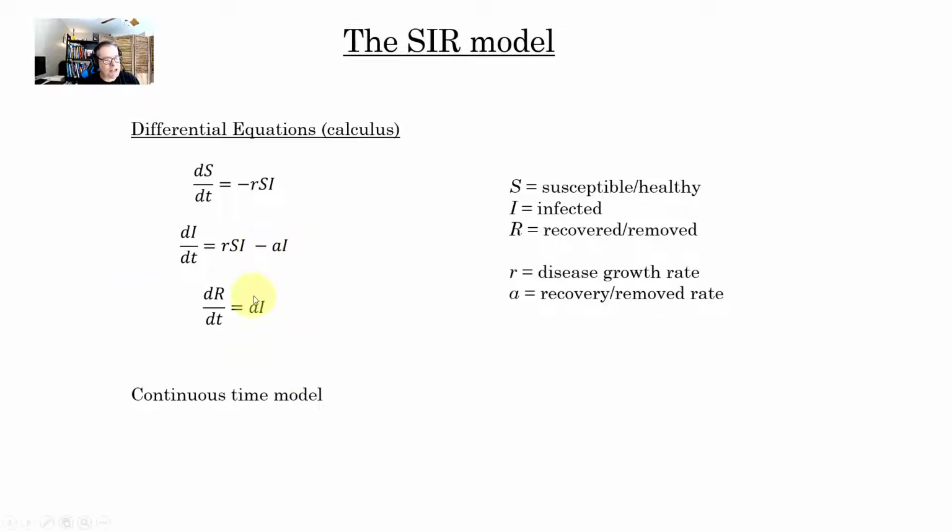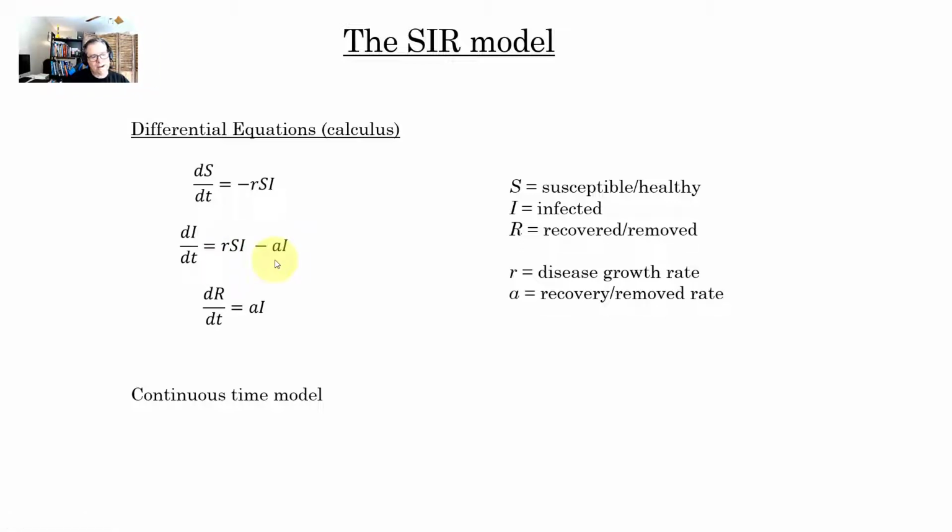So the rate at which the removed population is changing is based on the number of people that are infected. It is proportional to the number of people that are infected. And the additions to the removed category are exactly what's being subtracted in the infected category.